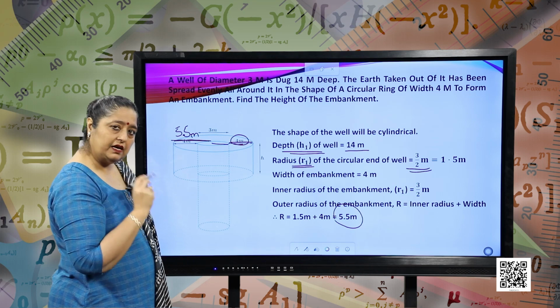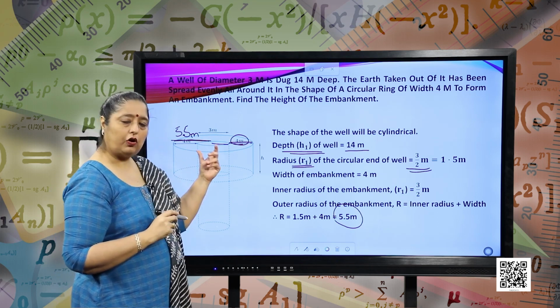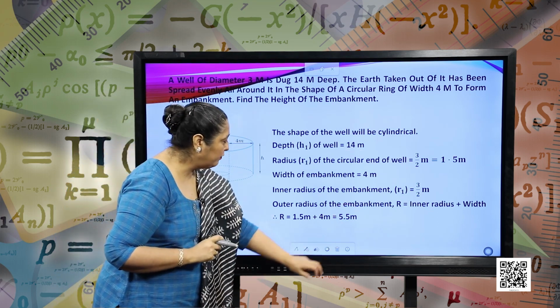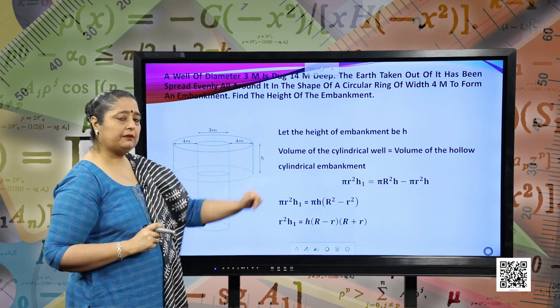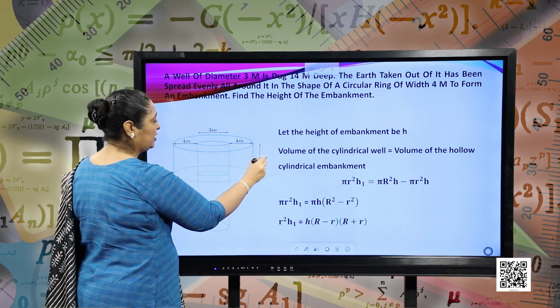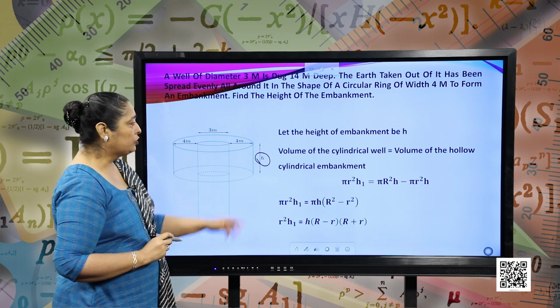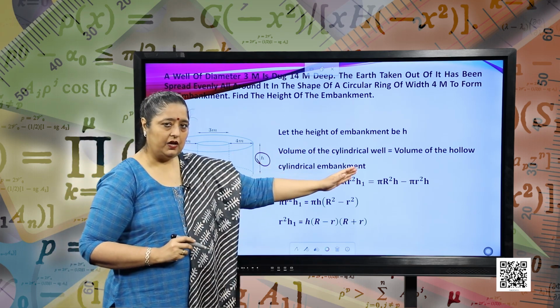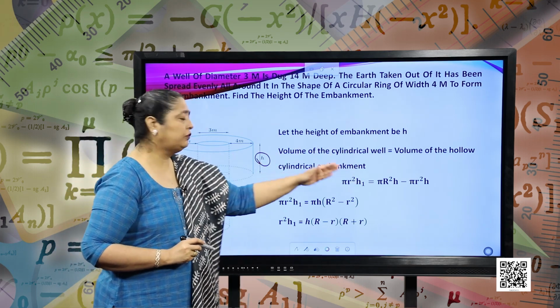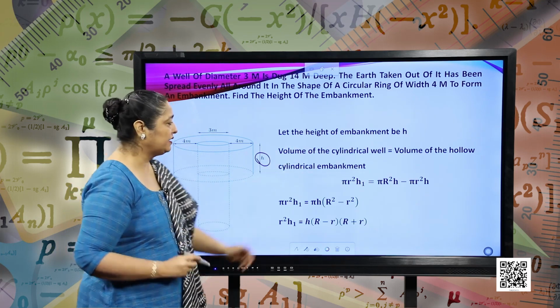So, we have the inner radius and the outer radius of the embankment. Let us solve it further. Height of the embankment, let us take it as h. So, volume of the cylindrical well will be equal to volume of the hollow cylindrical embankment.